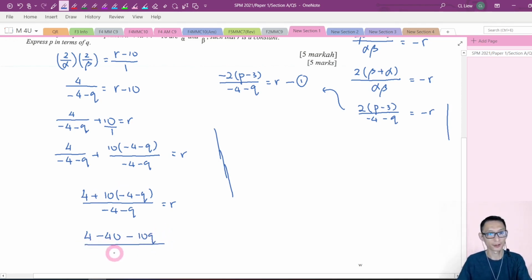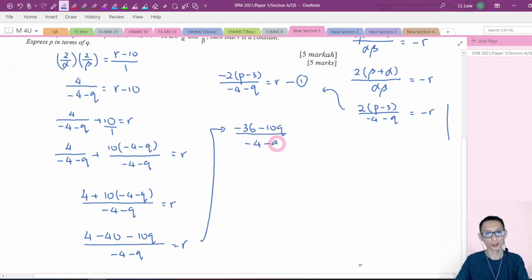Yes, correct. Now, 4 minus 40, you will get negative 36, right? Minus 10q over negative 4 minus q is equal to r. So this is a second equation.